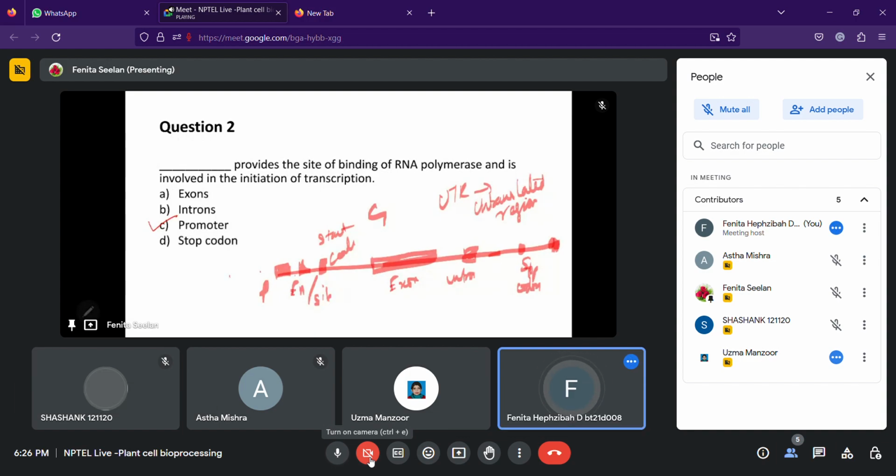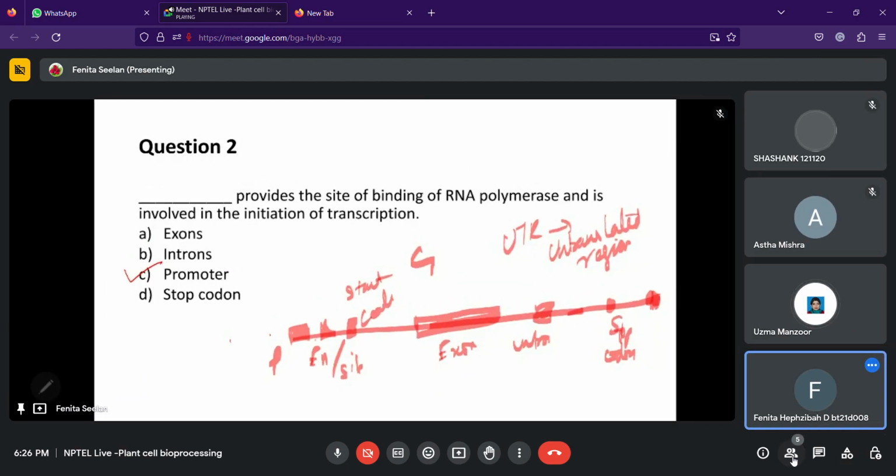Something which is necessary for, and related to, a post-translational modification. Yes, Shashank is right. It is the poly A sequence or poly A tail.